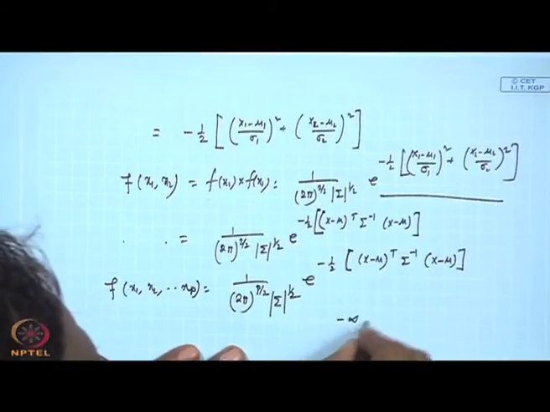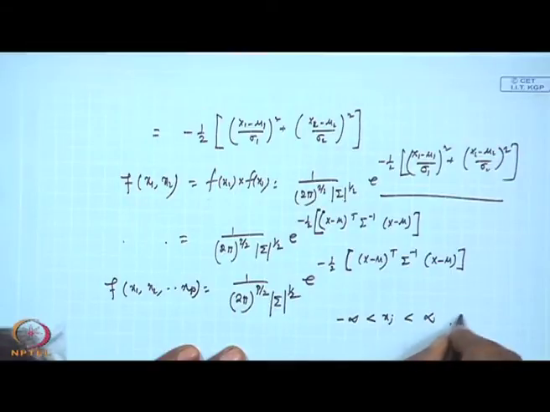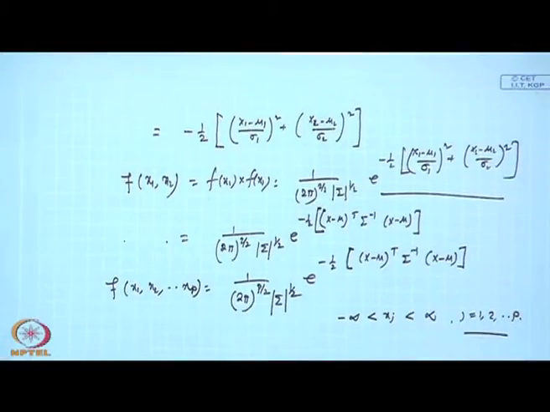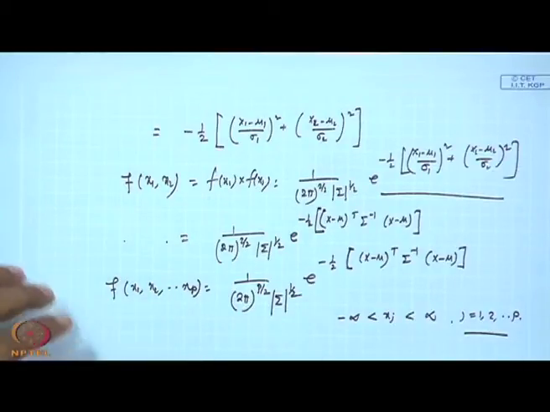You have to write minus infinity < xj < infinity, j equal to 1 to p. This is our multivariate normal distribution. We say the multivariate normal density function is defined.